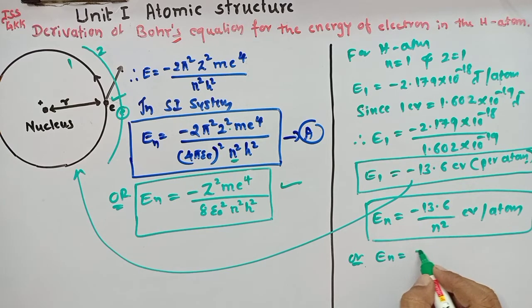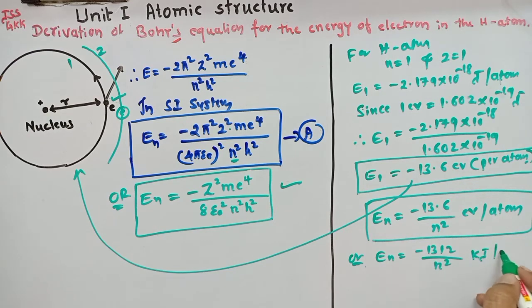The same expression can be written as En is equal to minus 1312 divided by n square kilojoule per mole, or in this form also, En is equal to minus 2.179 into 10 raised to minus 21 divided by n square kilojoule per atom.